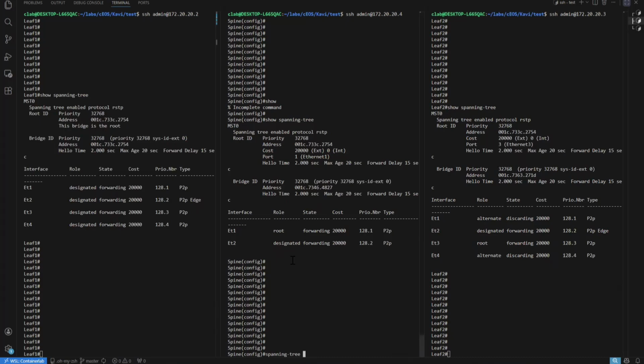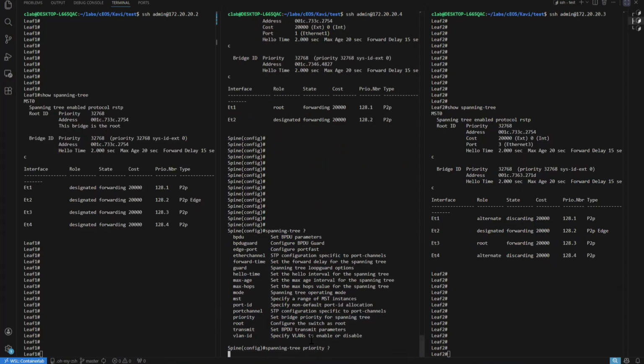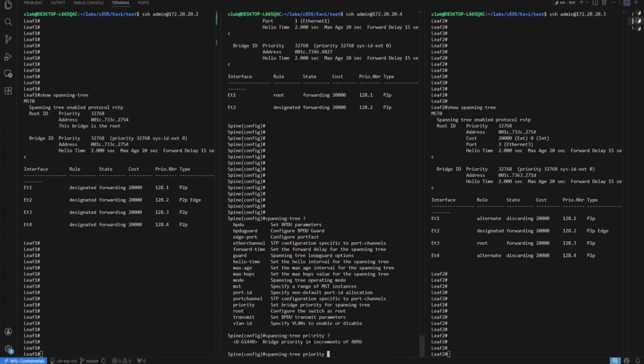Under spanning tree, there is an option called priority. The lowest priority I can configure is 0, and the highest is 61440. I'll configure the lowest, which is 0.